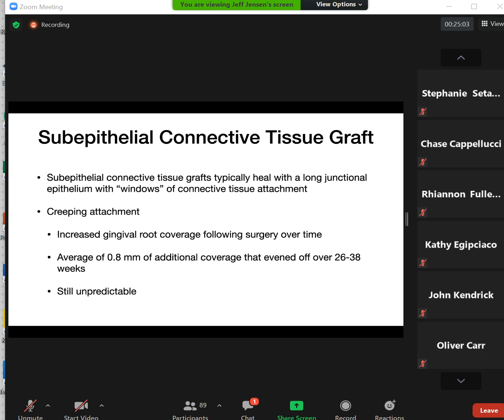Essentially, the tissue is taken from a cadaver, and they treat it and disinfect it and remove the cellular material from the graft. But during that, they preserve all the elements necessary for revascularization.